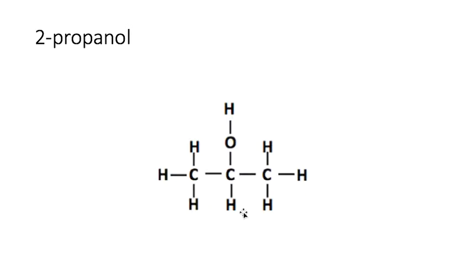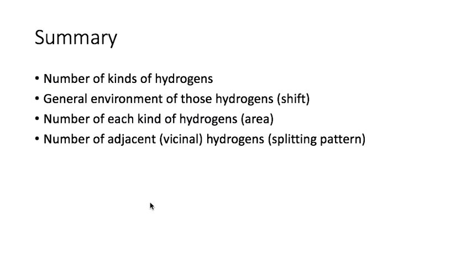This one here, which is the peak at 3.8, this hydrogen, is being split by all of these, all of which can be up, all of which can be down, or any combination between. So the things that you can get from an NMR spectrum, particularly a hydrogen proton NMR, are the number of different kinds of hydrogens, the general environment they're in, based on where those peaks are, and how many of each kind.